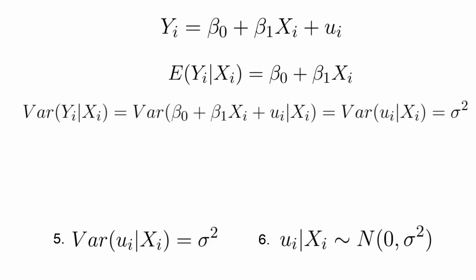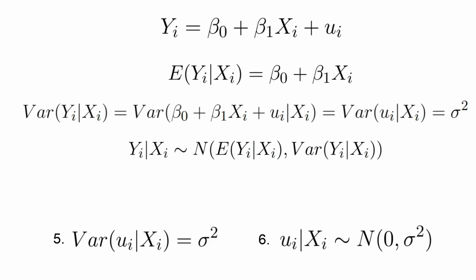If we combine the results here, then by our 6th assumption, we know that yi given xi is going to follow a normal distribution with its mean and variance. And so conditional on xi, the distribution of yi is going to be exactly this under our assumptions.